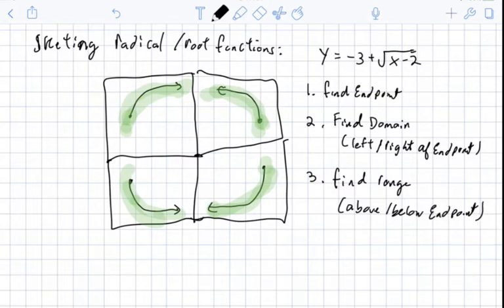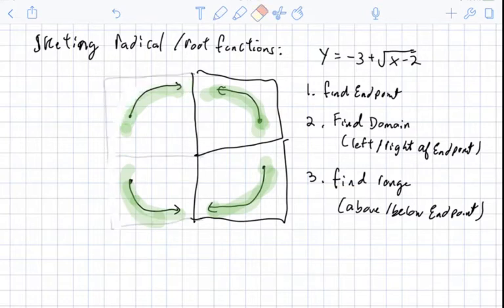These 3 pieces of information are essentially all the information you need to be able to draw a sketch of a root function. All you need is a sketch. Okay, so which is it going to be?